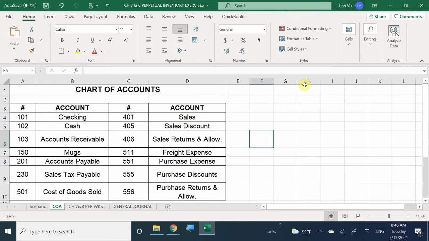Okay, so 150 is mugs, right? So what's the difference between perpetual and periodic inventory? Everything goes into inventory, everything goes out of inventory, so it will be 150. Correct. That means we're going to take it directly out from the actual mugs.